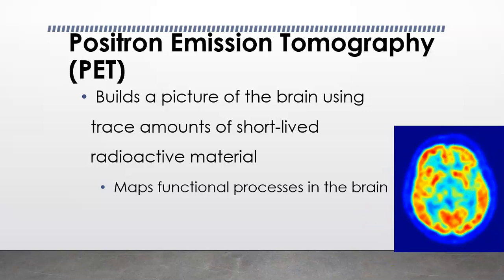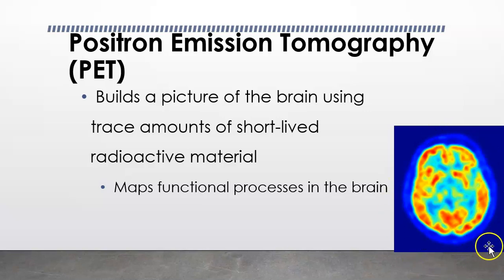This material will go all throughout the body, including the brain, so it'll pass the blood-brain barrier. And you'll get more of the radioactive material in parts of the brain that are more active. So the red parts are more active, or they have more of this radioactive material. So this shows us a functional map of the brain. So we can see what part of the brain is more active.